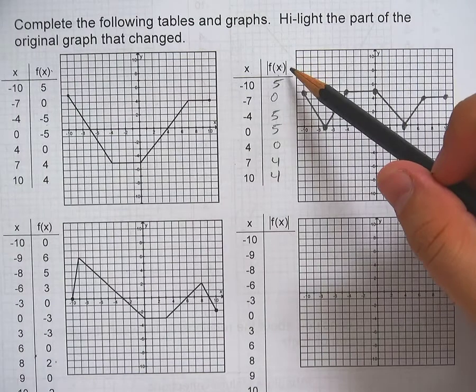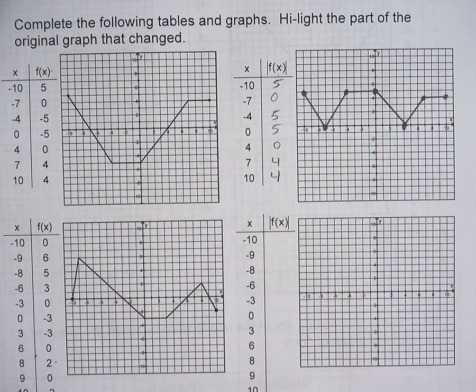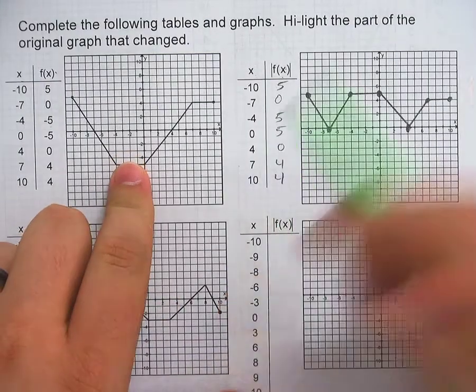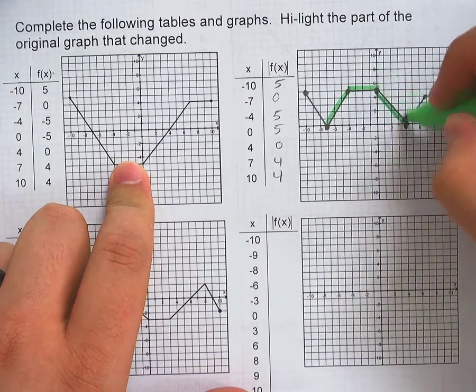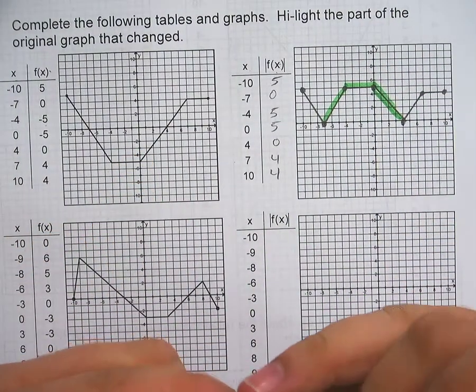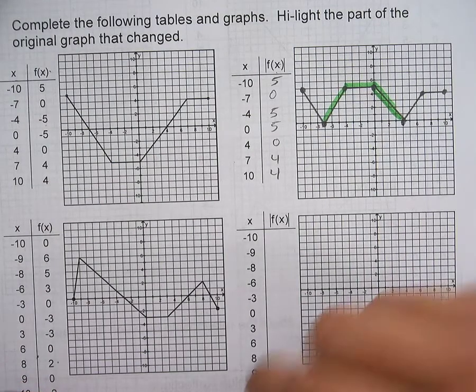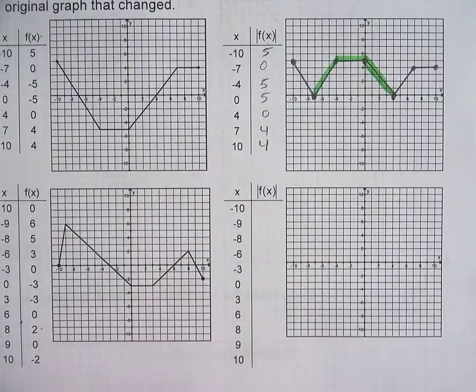So the absolute value of f of x, nothing is below the x-axis. So really, what's changed? See this part right here that was below the x-axis? Now it's above. So the absolute value takes anything that was below the x-axis and flips it up.